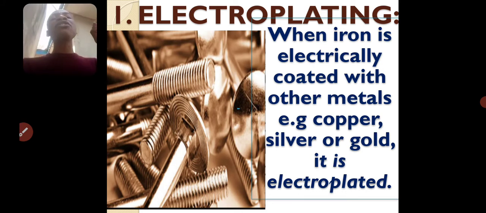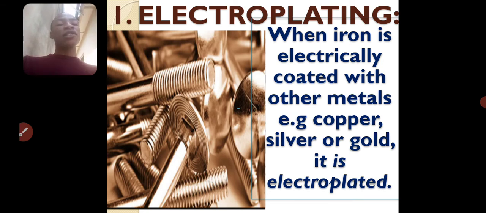If you use an electrical method to do that, you call that electroplating. That's coating of a metal by a thin layer of another metal to prevent the metal from getting corroded. That is electroplating.